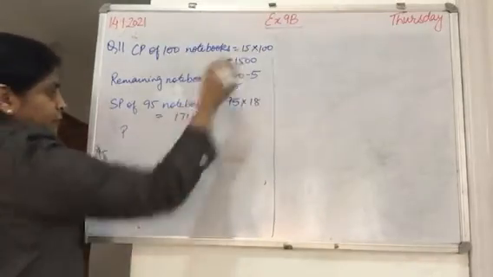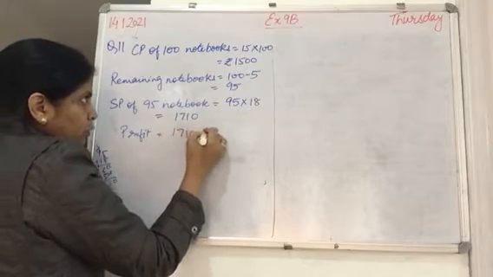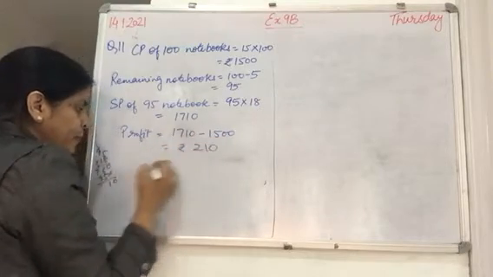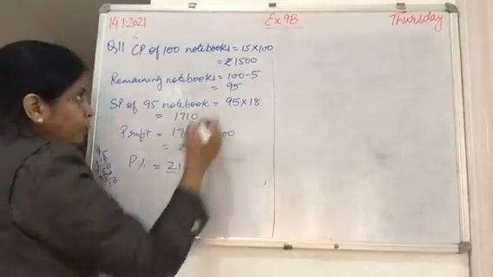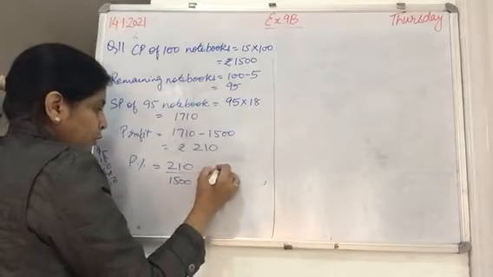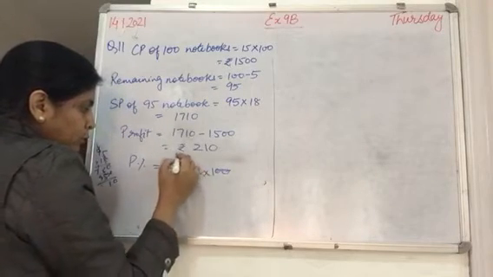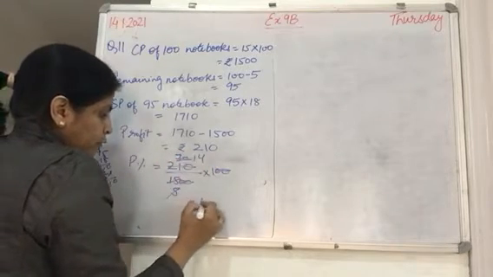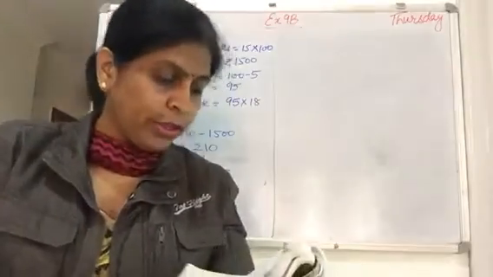Now you can see it's a profit of 210 rupees. So profit percent is 210 upon cost price 1500 into 100. So 14% is the profit of this question.